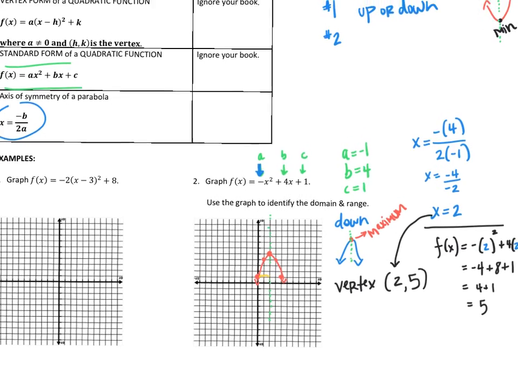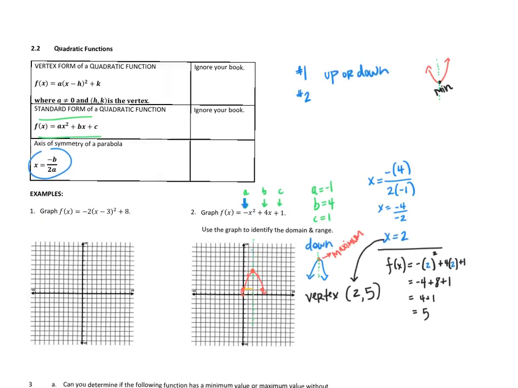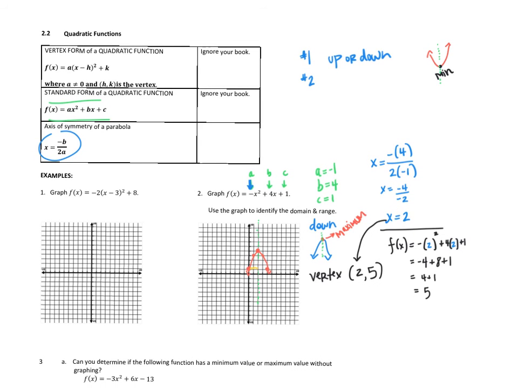So keep in mind, just as a review, there's kind of 5 things to look for. Once you determine does it go up or down, let's find the vertex, either by using the vertex form or that axis of symmetry to find the x value, and then plug in to find your y value. You can use your intercepts.